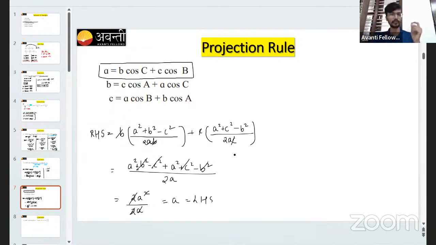But one thing I need to know is how to identify that I need to use the projection rule in a question.